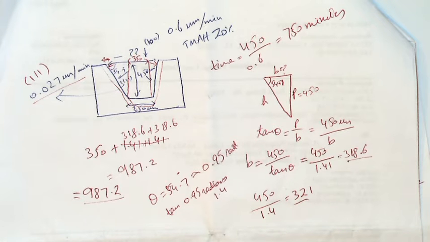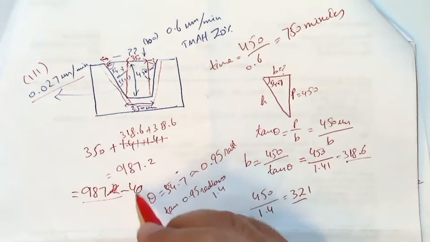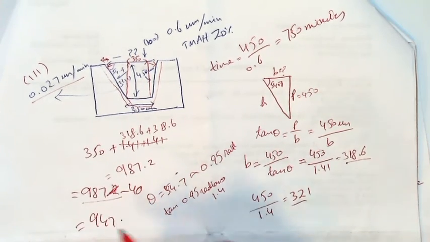So about 20 micrometers it will etch on one side in 750 minutes, and on both sides it will be 40. So 987 minus 40 gives you 947. If you start with 947, you should end up getting this structure at the end. I hope everyone got the point.